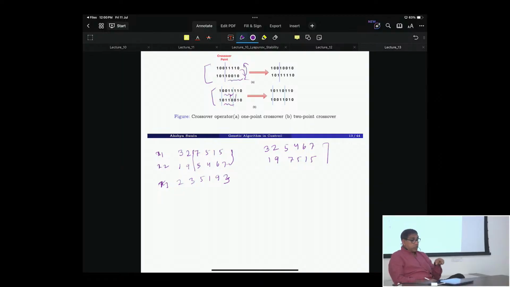But sometimes you have to apply a mutation operator. That means here you arbitrarily flip one particular bit. Say a 1, you make it 0. Arbitrarily. Mutation operator with a very low probability. Essentially, you generate a set of chromosomes, that is a population, then try to generate a new set of chromosomes using crossover and mutation operators.